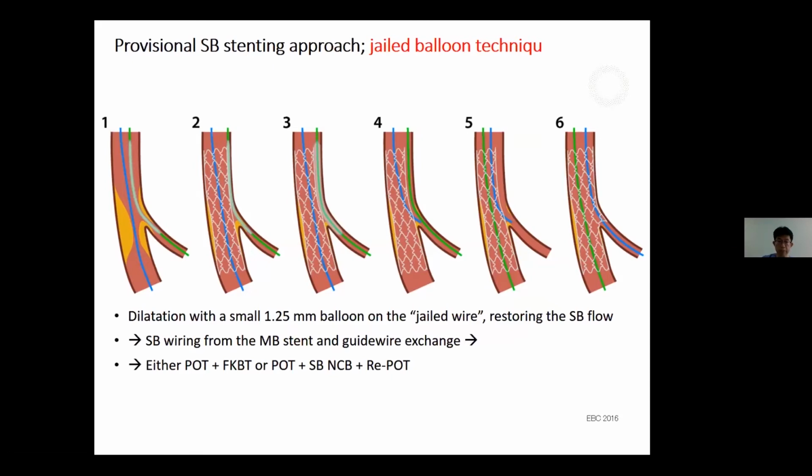Jailed balloon technique, as you know: a jailed balloon at the side branch remains during stenting in the main branch. After stenting, side branch balloon dilatation at a small atmosphere, then balloon removal, and then wire crossing to avoid side branch occlusion.